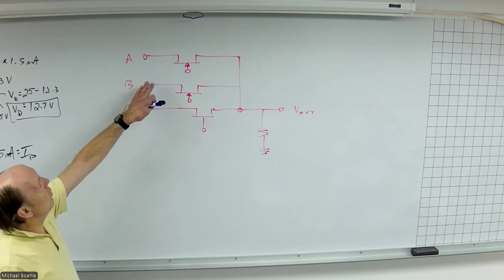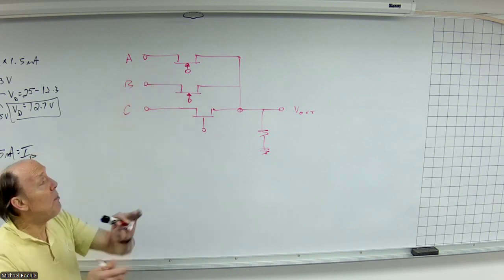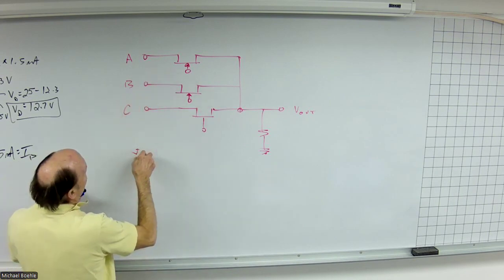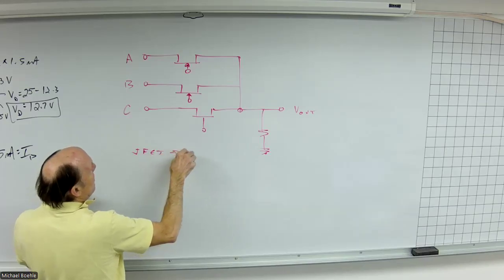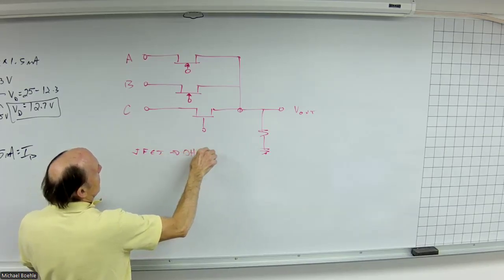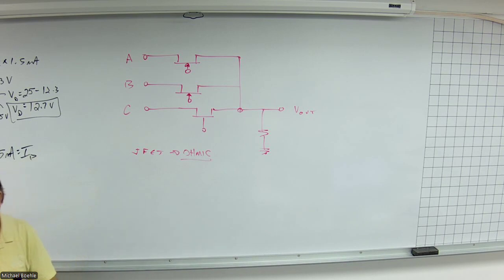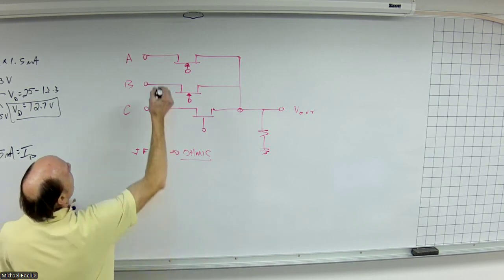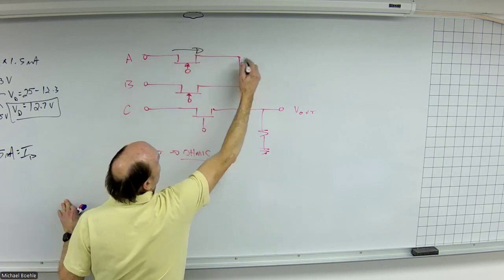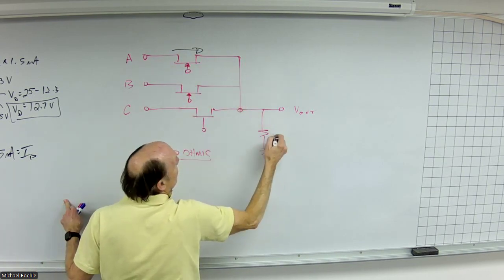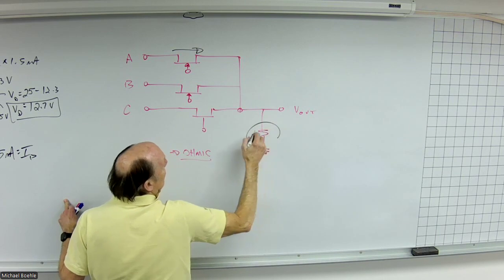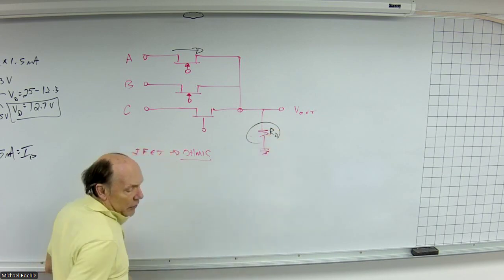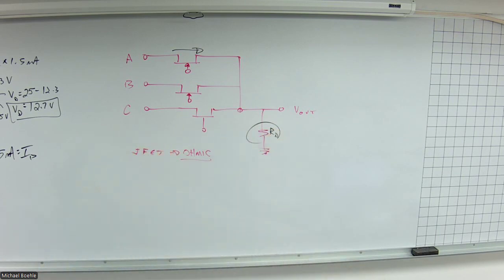Because remember, if we bias the JFETs into the ohmic region, then they serve as essentially a conduit for the signal to go through and be developed across RD, I think the book calls it.